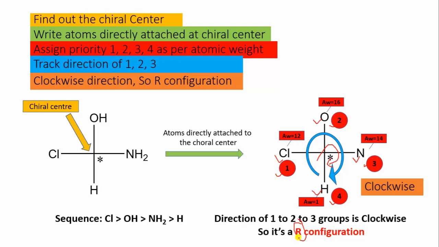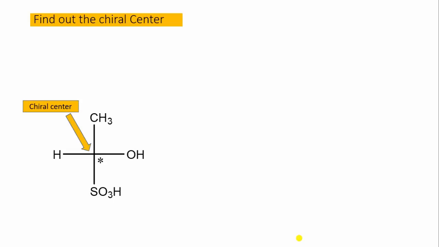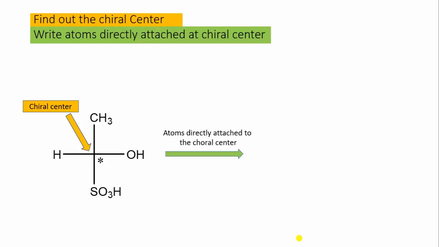Let's see the next example. Similarly, you have to find the chiral carbon. Yes, it contains a chiral carbon or chiral center. Then you have to write the different atoms attached to the chiral carbon. So here are 4 atoms directly attached to the chiral carbon.